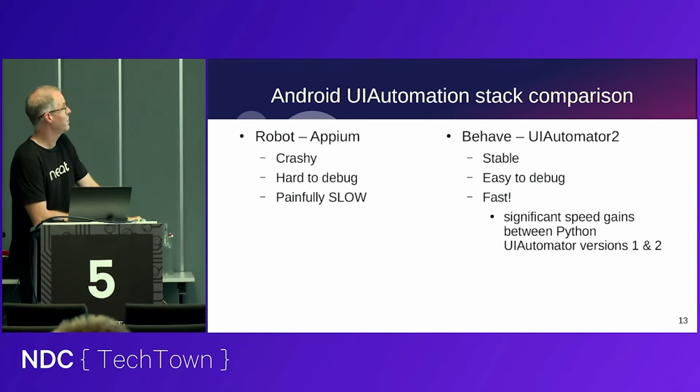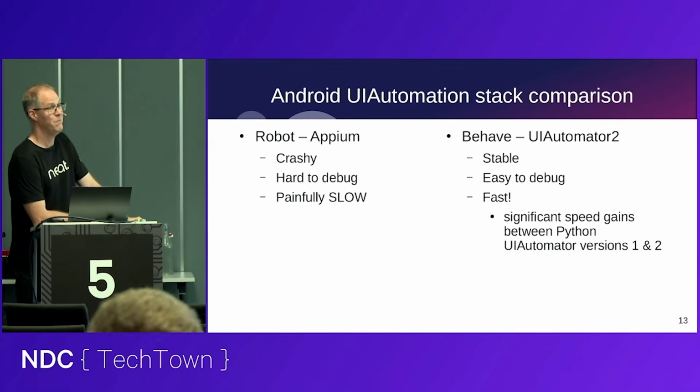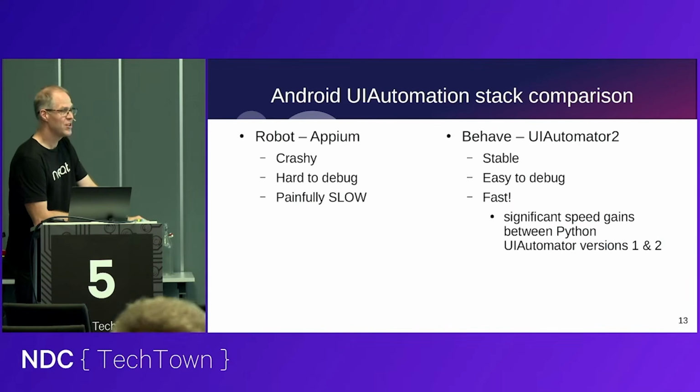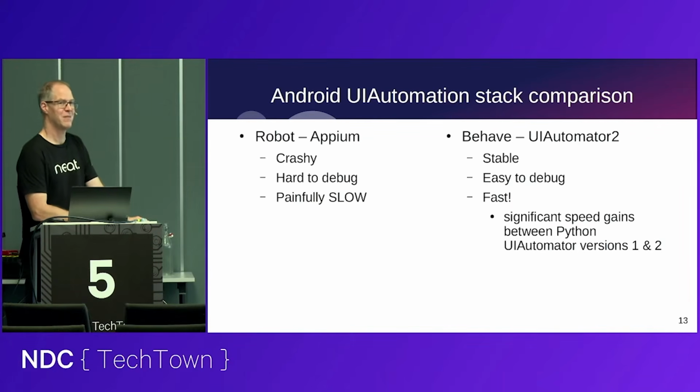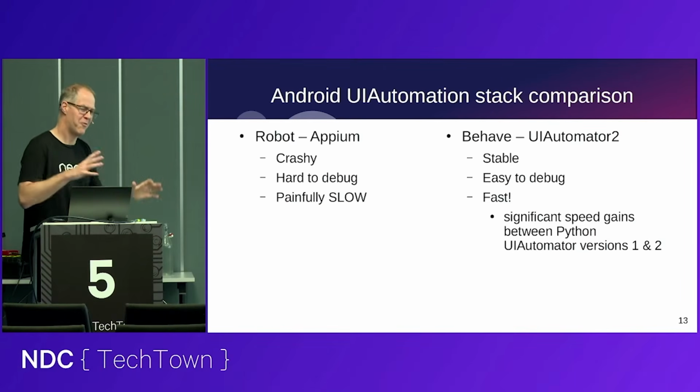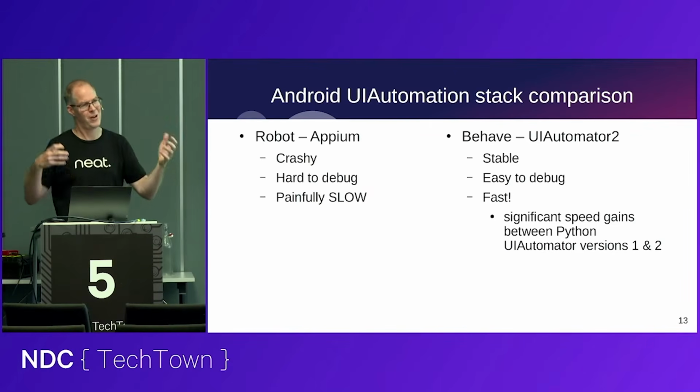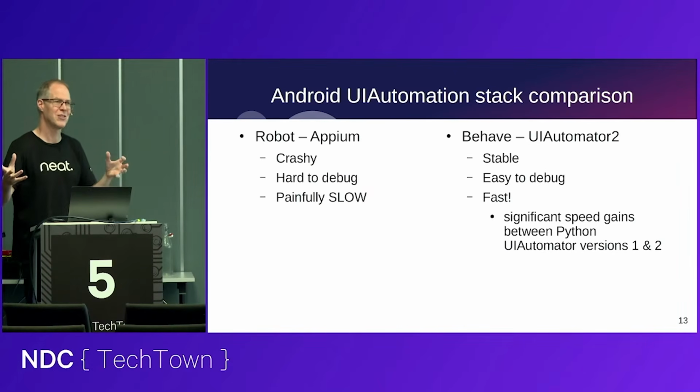Here's my 2 cents about this. Robot and Appium, it's crashy. It's hard to debug. Robot is a bit of a strange framework. It was kind of made with the intention of being something for non-programmers.